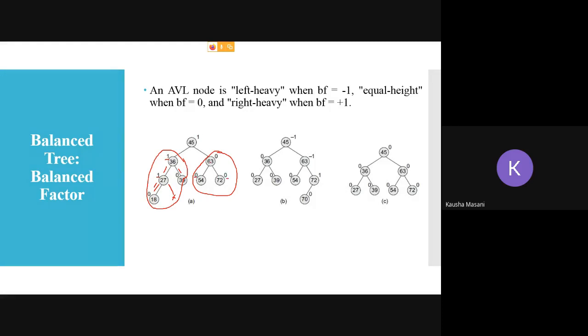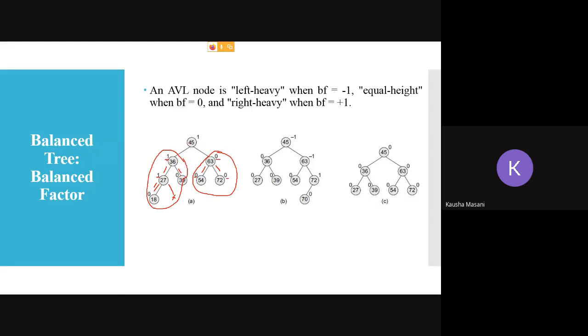Now from 63, what is h of L? 1. What is h of R? Again 1. 1 minus 1 is 0. Now here again 45.